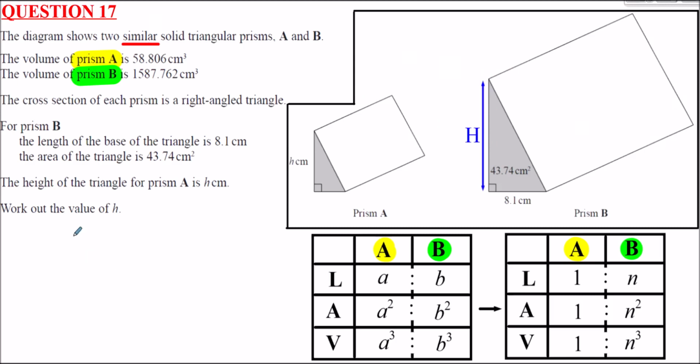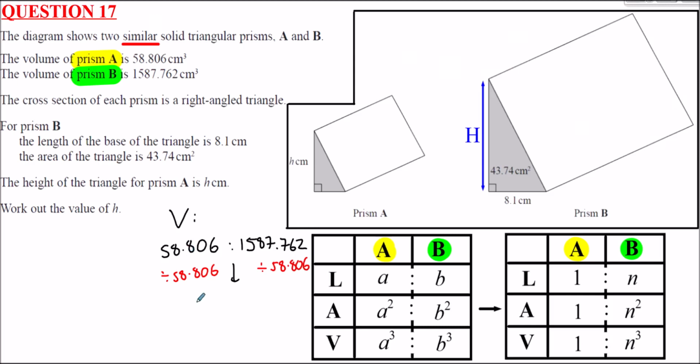So in terms of volume ratio, we've got prism A, which is 58.806 to 1587.762. Quite horrible numbers. So if I were to divide both sides of this by 58.806, we can hopefully get this into a much simpler form, so it's in the ratio 1 to n cubed.